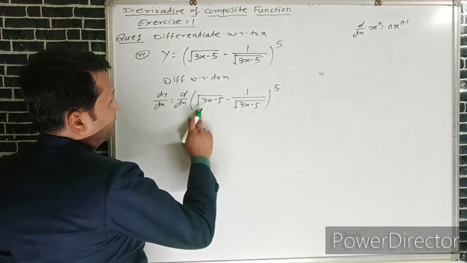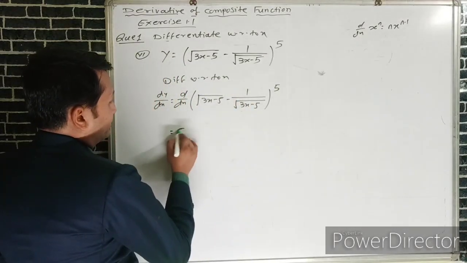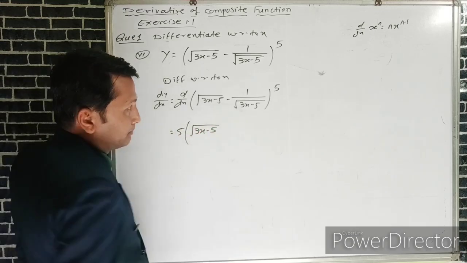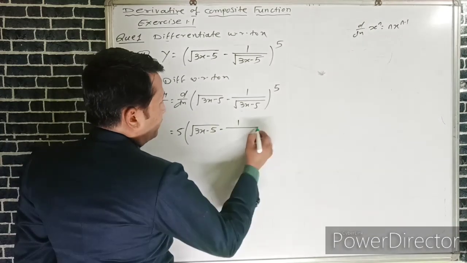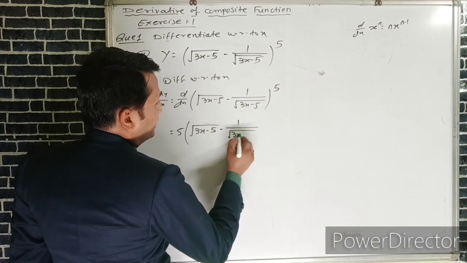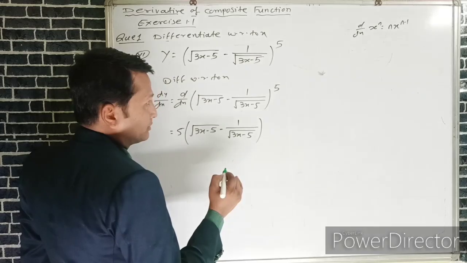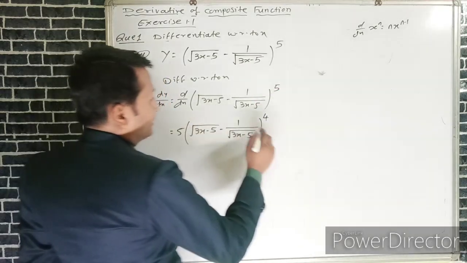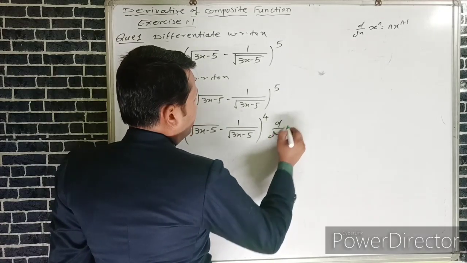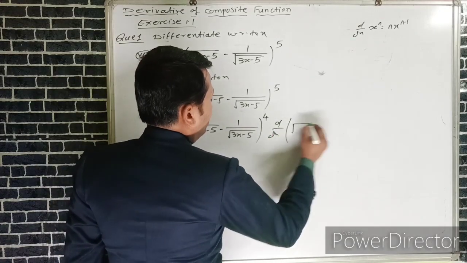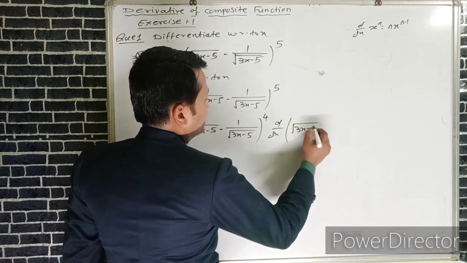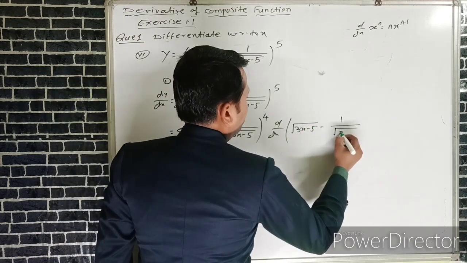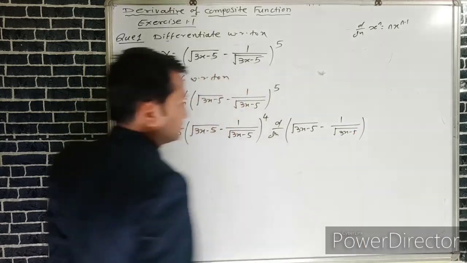By using the derivative of f(x) raised to the power n, we can write 5 into (√(3x − 5) − 1/√(3x − 5)) as it is, and n − 1 is 5 − 1, which is 4. Then we take again the derivative of √(3x − 5) − 1/√(3x − 5).